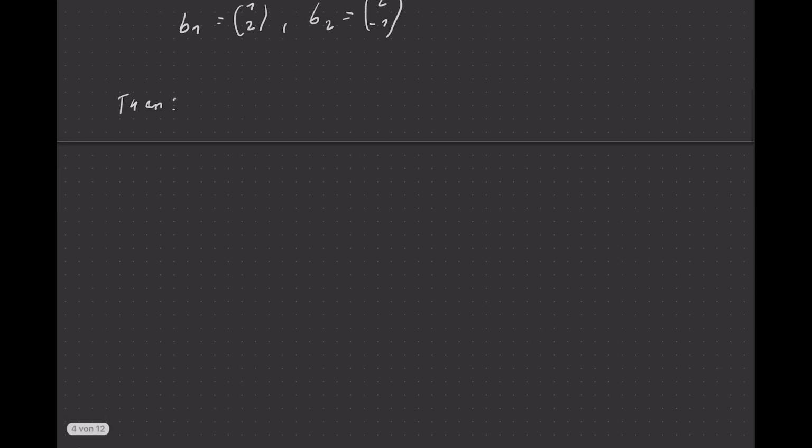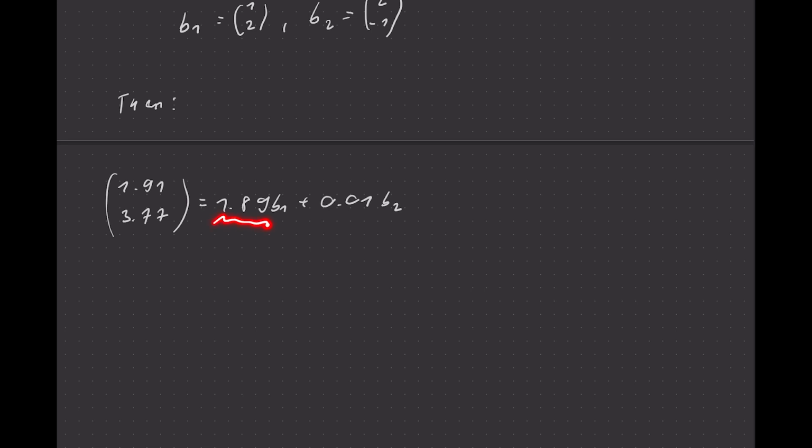And what we get here is our first vector, (1.91, 3.77). That is 1.89 B1 plus 0.01 B2. What you can see is this factor here is very large compared to this second factor.